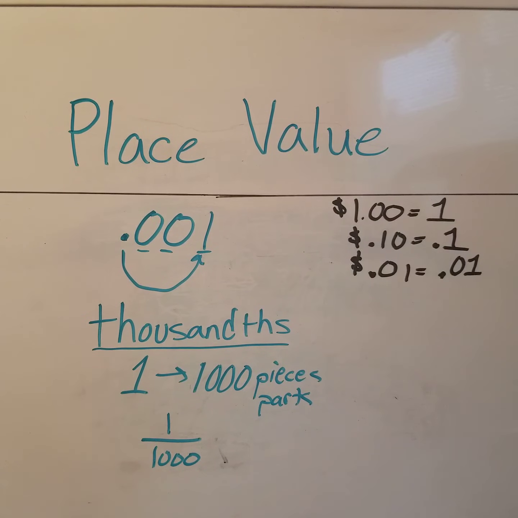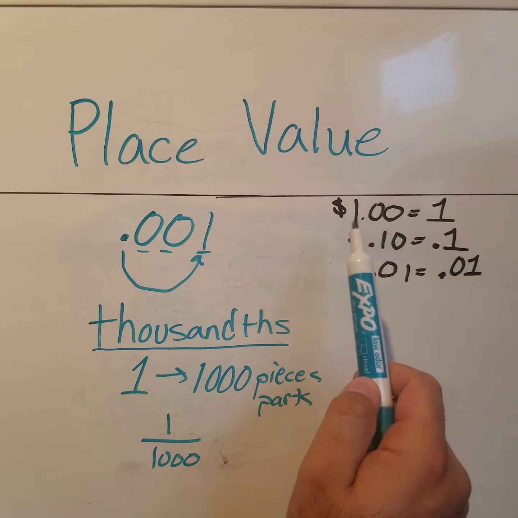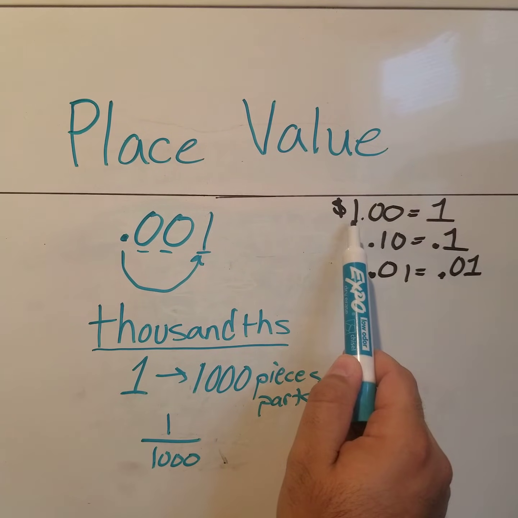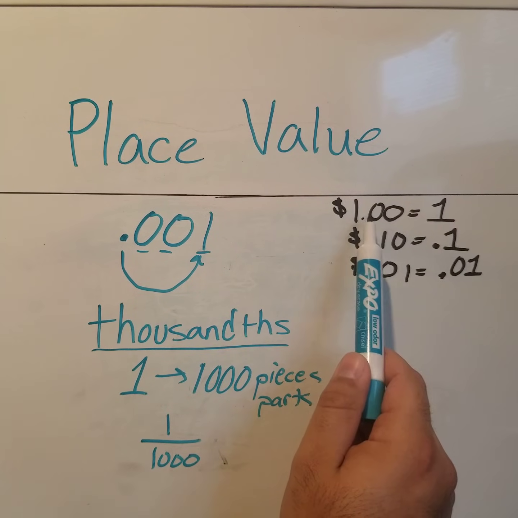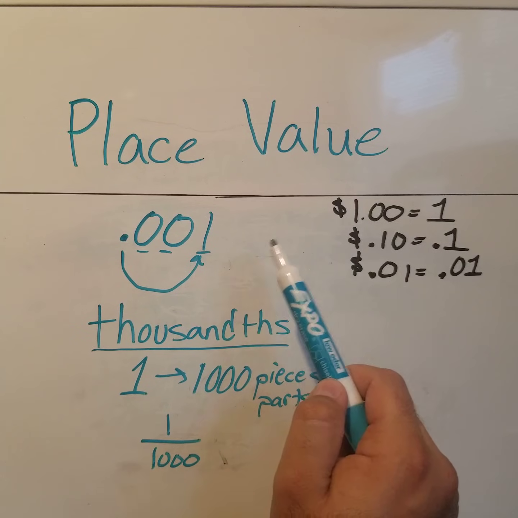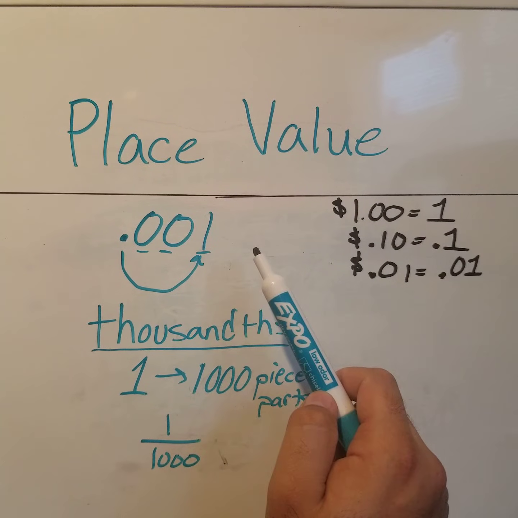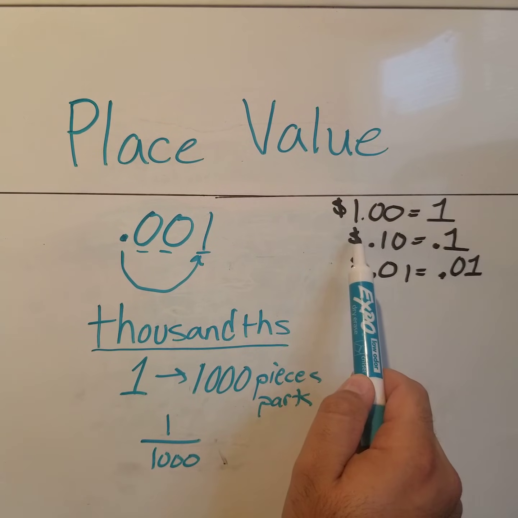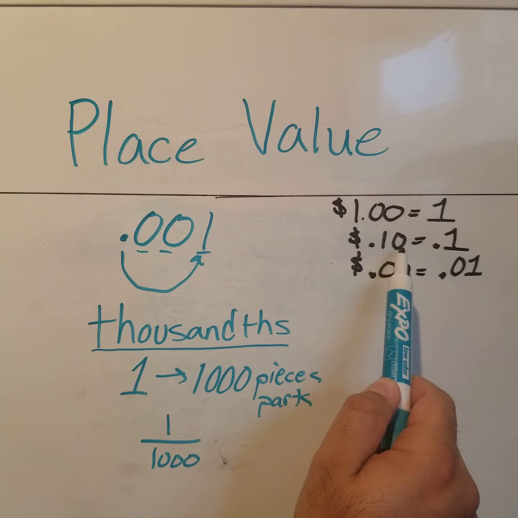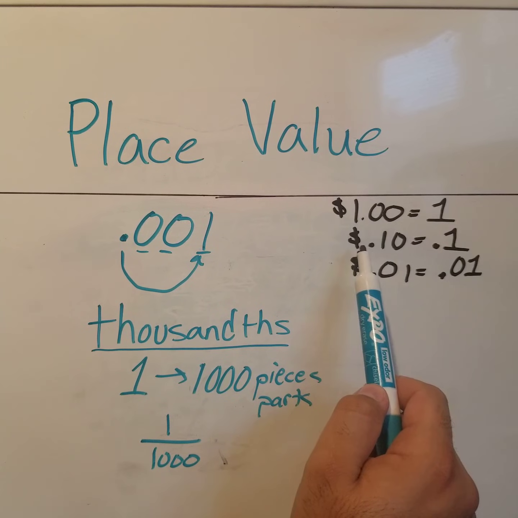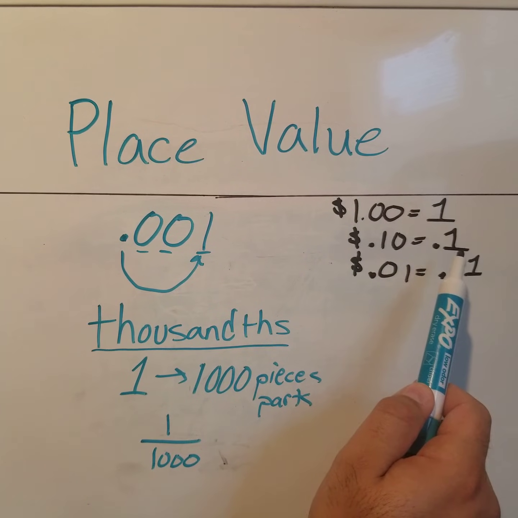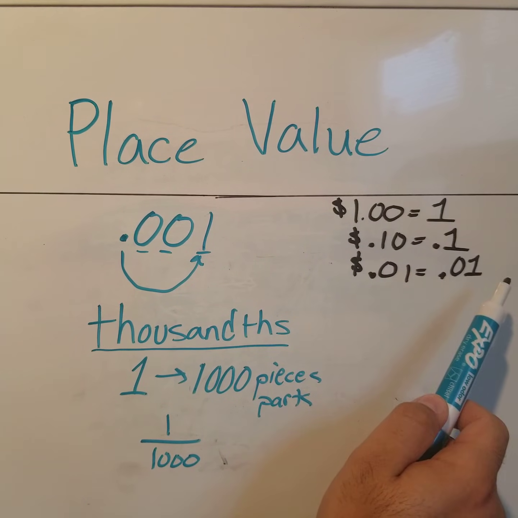So just a quick recap. We know that if you have something to the left of the decimal point, that is a whole number. So we can say 1.00 or $1 is the equivalent of 1. If I were to say you have 10 cents or 0.10 of a dollar, that is equal to 0.1 or 1/10.